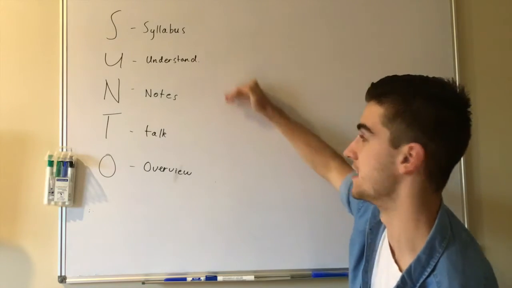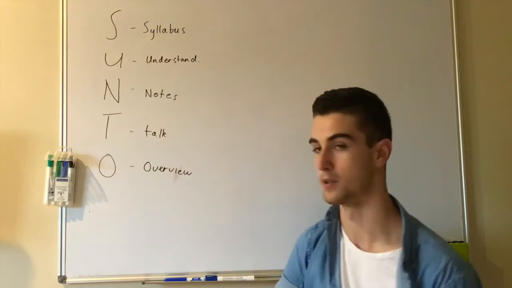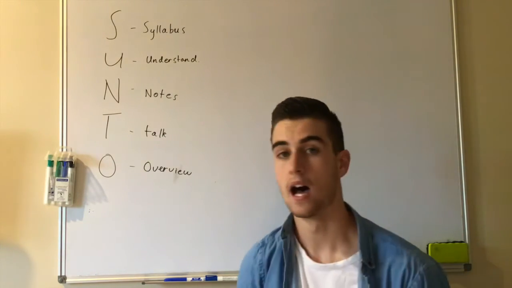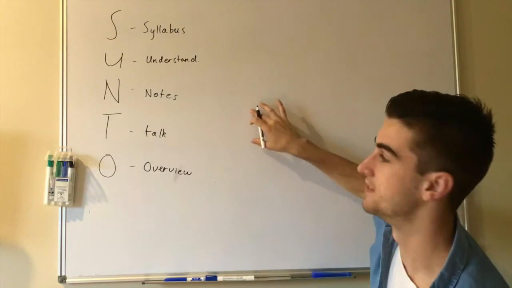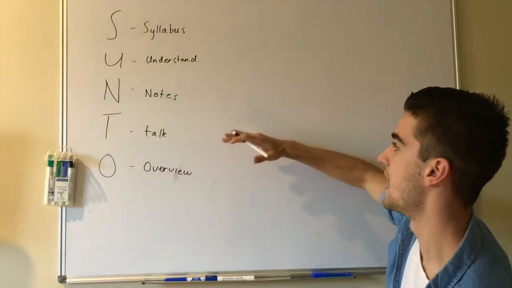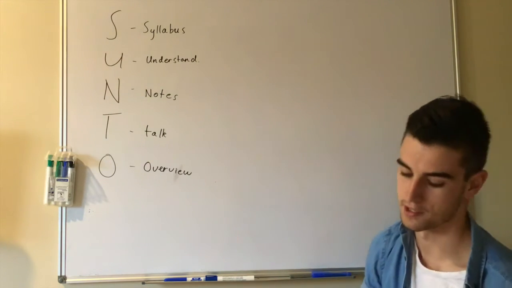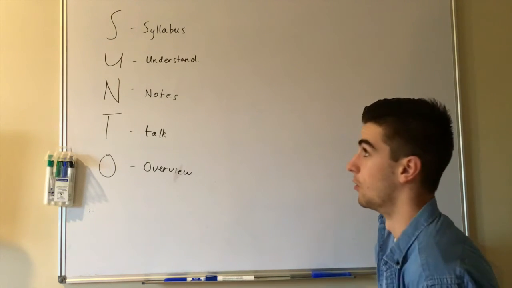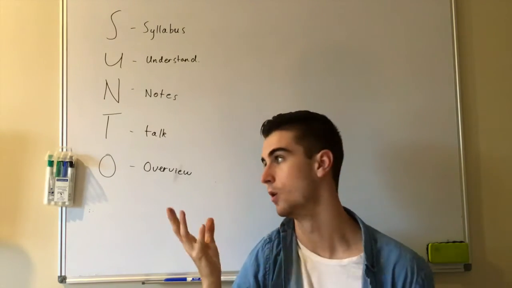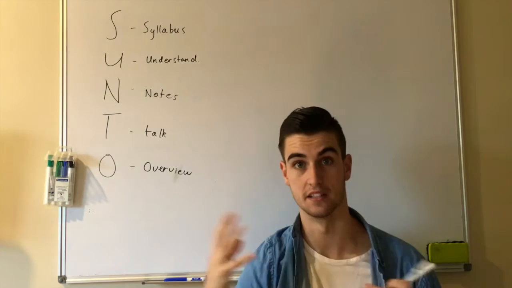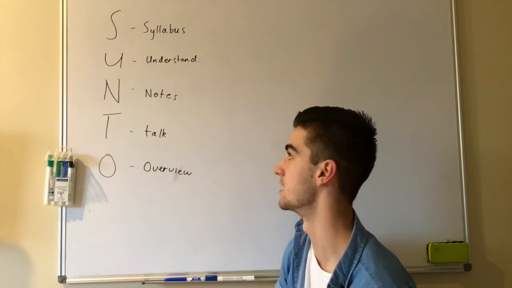You have to understand what you're talking about first before you make any kind of notes. So it should be, in red you'd have your syllabus dot point, and then in blue, black, anything that's not red, you'd have your notes underneath, the conceptual understanding of it.